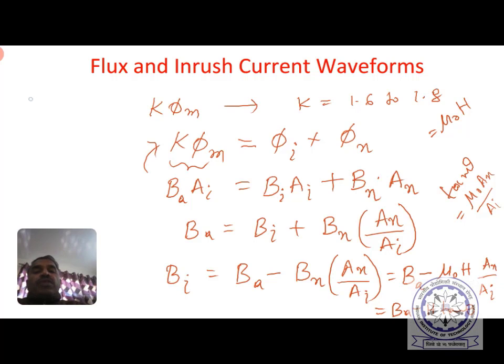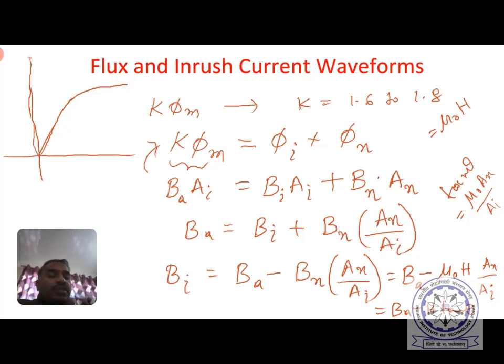So if you go to hysteresis characteristics, neglecting the hysteresis, in this BH characteristic this is how the characteristic will look.